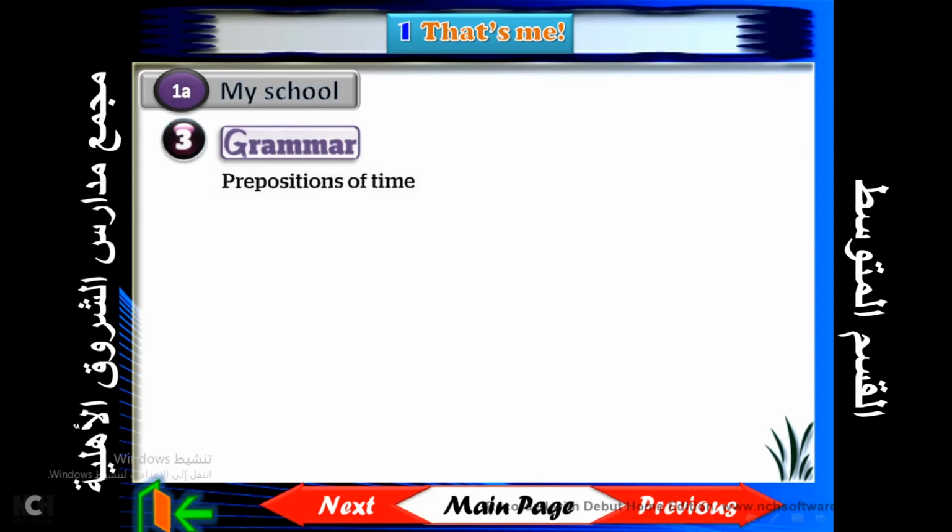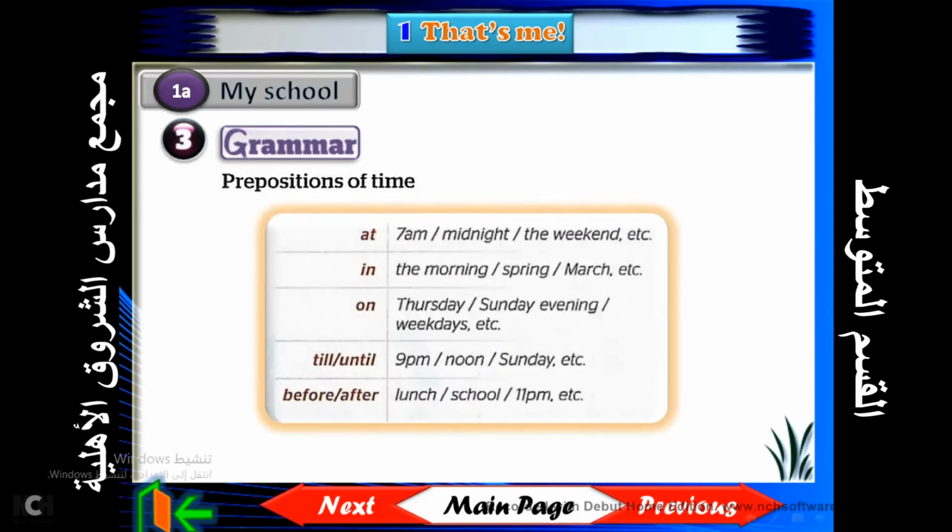We have a preposition of time. It's very important to know what are prepositions of time. We have at, in, on, till, until, and before and after. Okay?